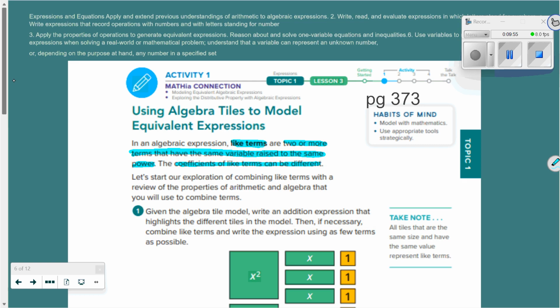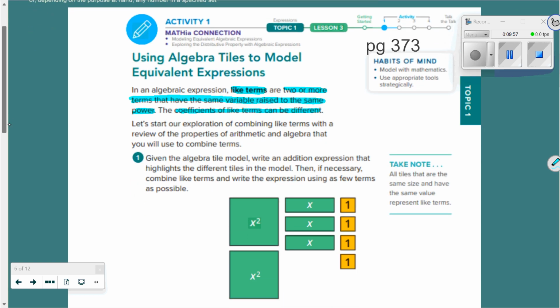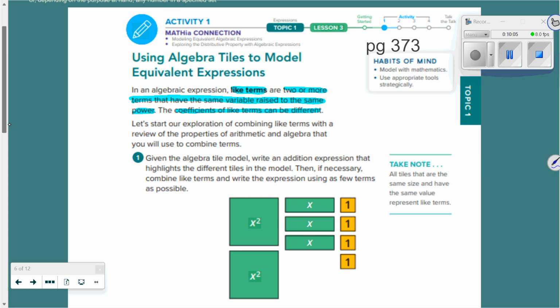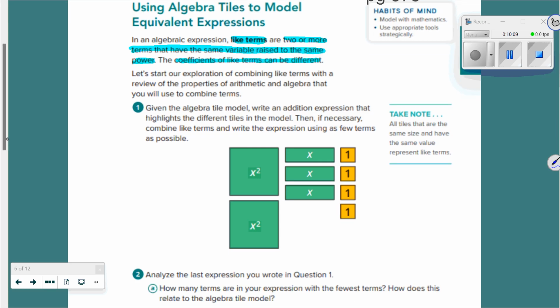So we're going to do our exploration of combining like terms with the review of properties of arithmetic and algebra that we're going to use to combine these like terms. We're going to start using the algebra tiles like we just did in the beginning. So on this one, we've got an algebra tile model. We're going to write an addition expression that highlights different tiles in the model.